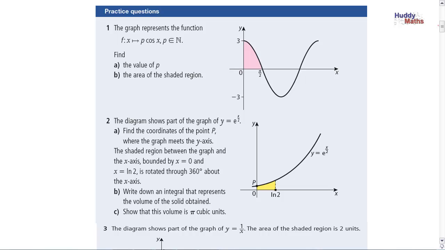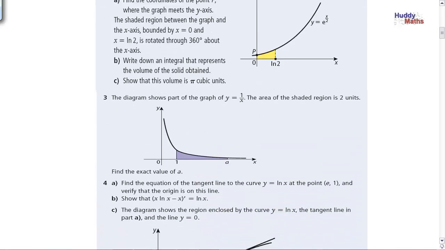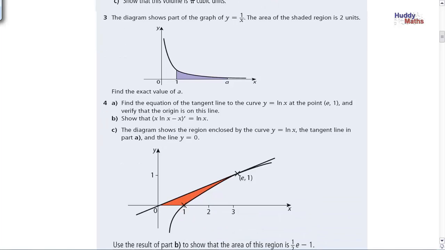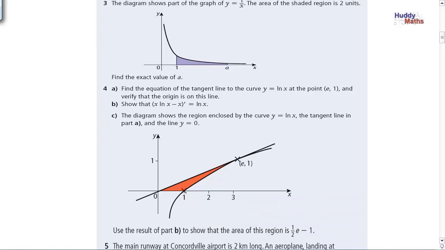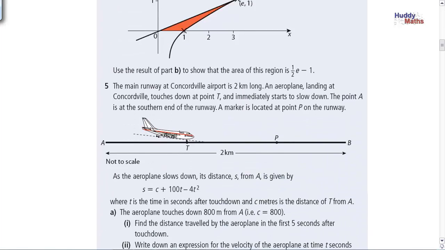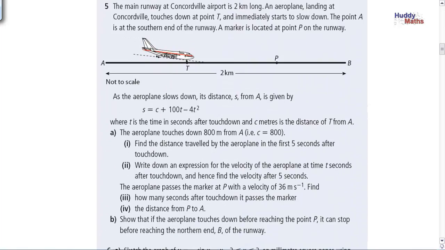Here's question 1 and 2. Let's go on now. Question 3, we'll just come up here. 3 and 4. Have a look at that. Interesting areas there. And we'll go to question 5. Just in there, 5 part A and B. Just managed to get that on.